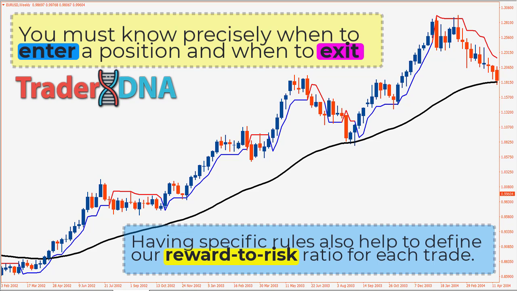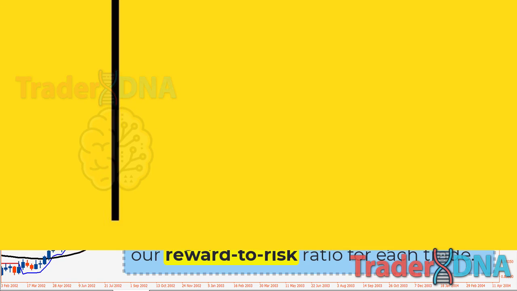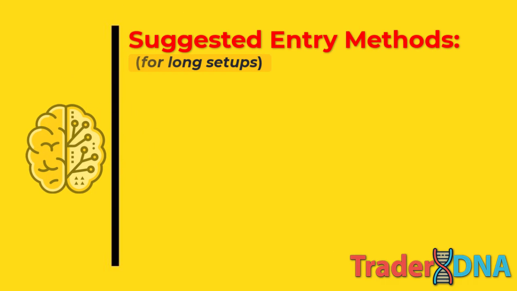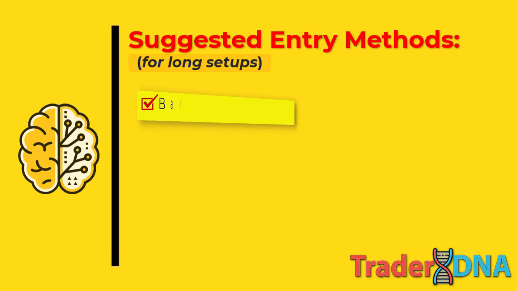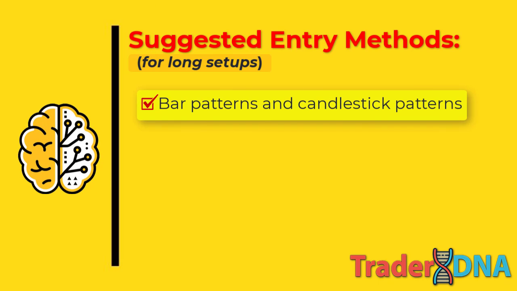To keep things simple, let's refrain from adding another indicator. Instead, try using the tools you have chosen from the earlier steps to trigger your entry. Here are a few suggested entry methods for long setups. First, bar patterns and candlestick patterns.